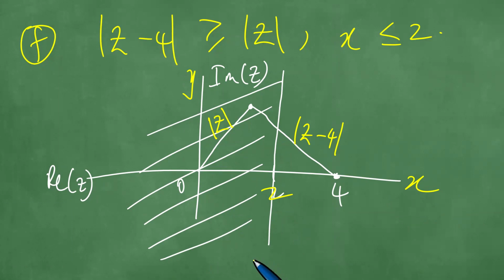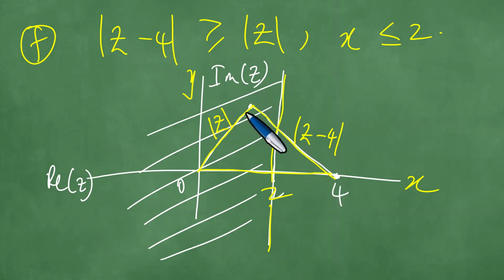Okay, what is the story about this? Well, we are describing this set here, and also describing this here. So you are effectively saying the modulus of z is smaller than the modulus of z minus 4, so that the modulus of z minus 4 is sort of above.